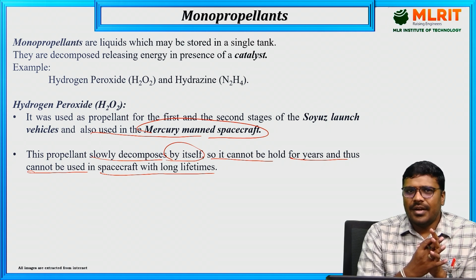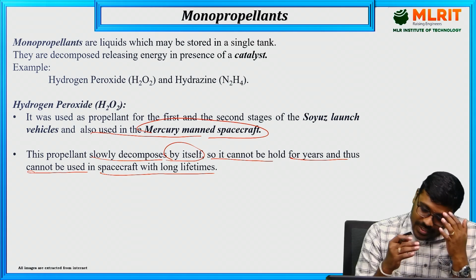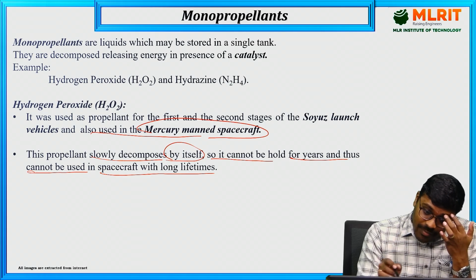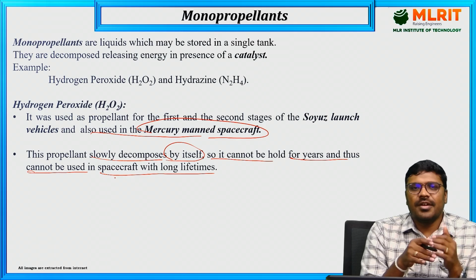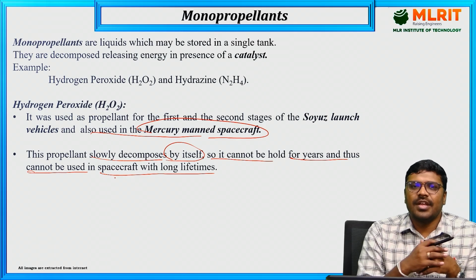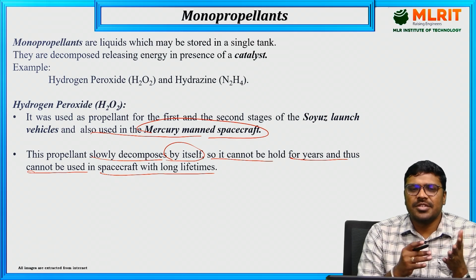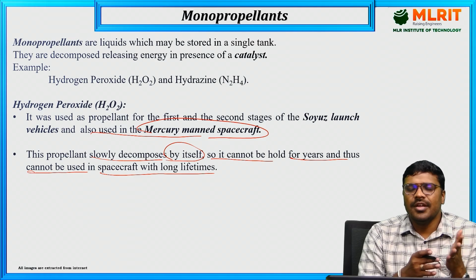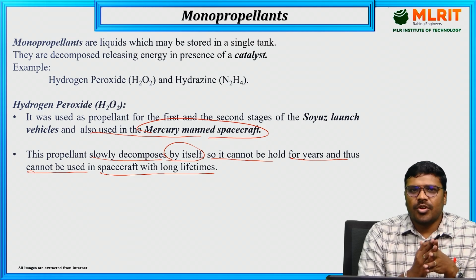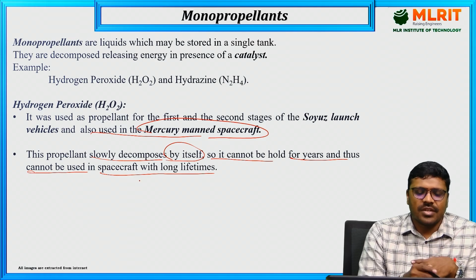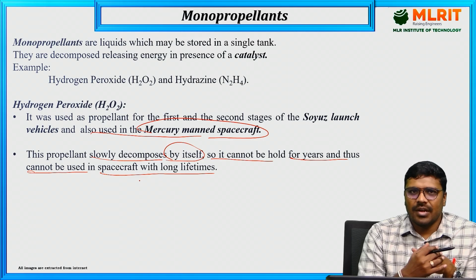Because we cannot store it for long durations, it cannot be applied for spacecraft. Why? Because the spacecraft lifetime will be very high compared to normal missions like missile operations. So we cannot use these monopropellants for spacecraft because of long lifetimes.